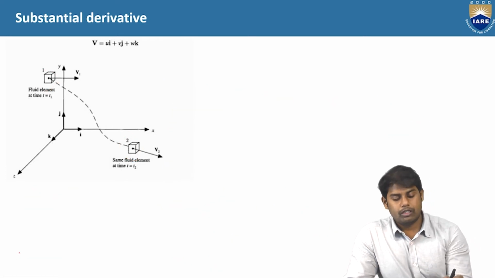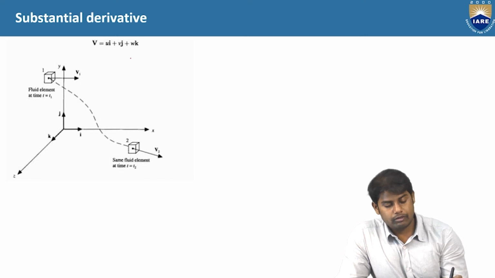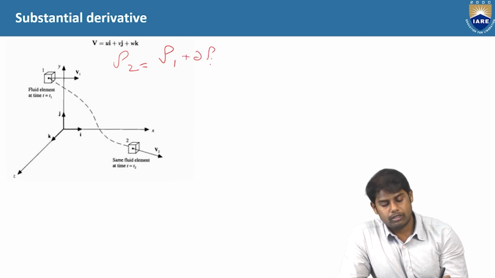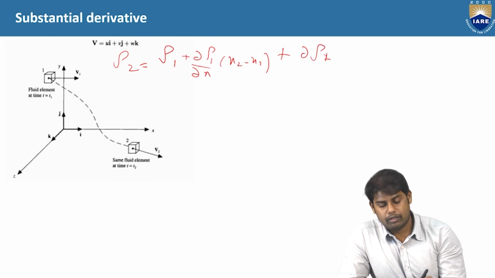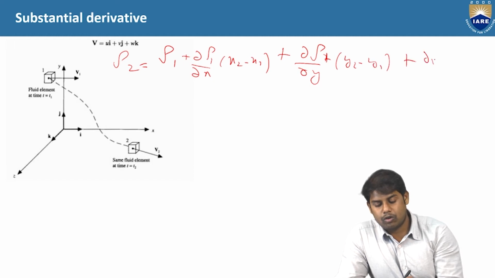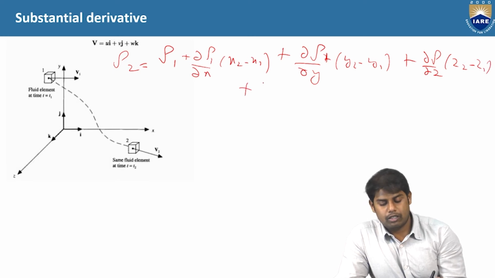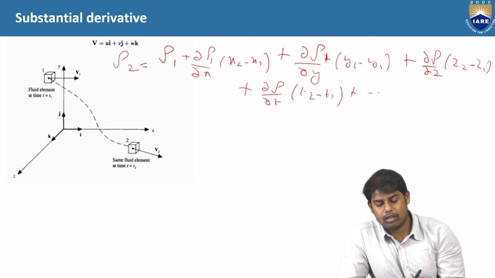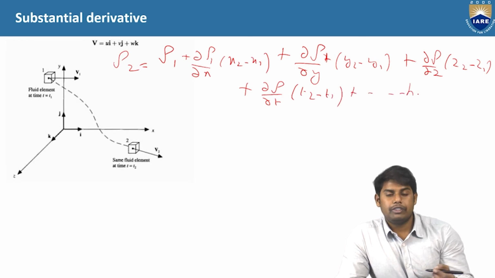Okay, so what we do is we have ρ2 equal to ρ1 plus ∂ρ/∂x into (x2 − x1) plus ∂ρ/∂y into (y2 − y1) plus ∂ρ/∂z into (z2 − z1) plus ∂ρ/∂t into (t2 − t1), plus higher order terms in the second derivative term.